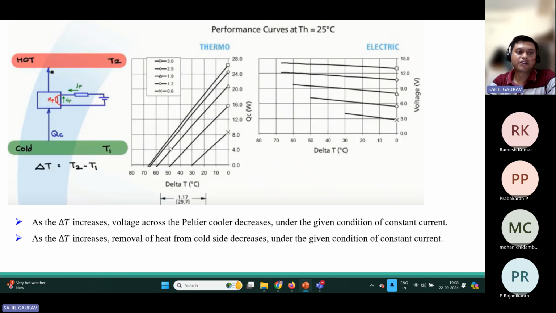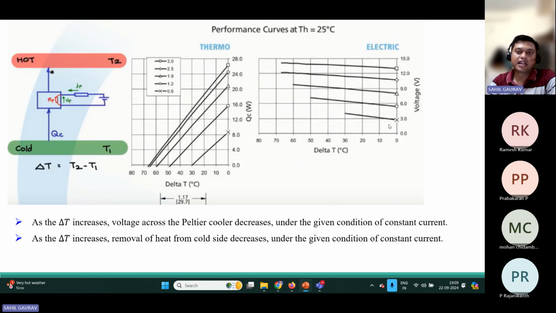So from this graph, first we will see the electrical one. As delta T increases, for a constant current value, the voltage changes. Here the cross denotes 0.6 ampere, the circular one denotes 1.2 ampere, the triangular denotes 1.9 ampere, the diamond shape denotes 2.5 ampere, and the square shape denotes 3.0 ampere.